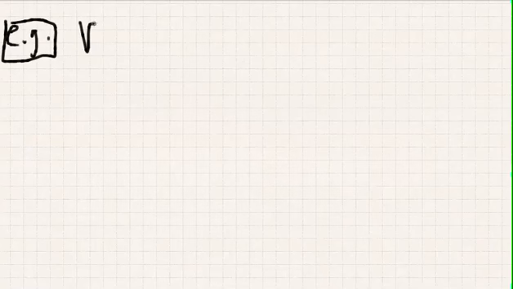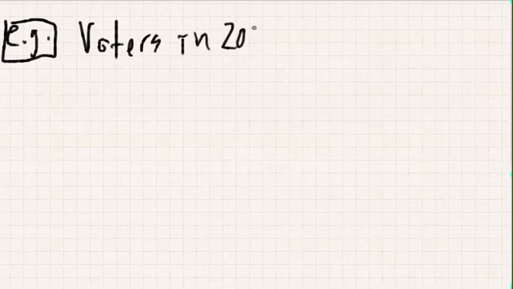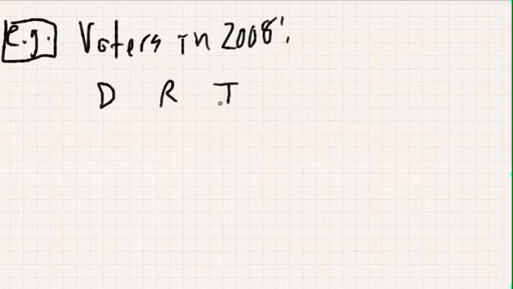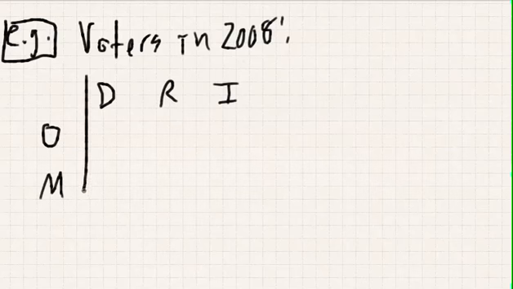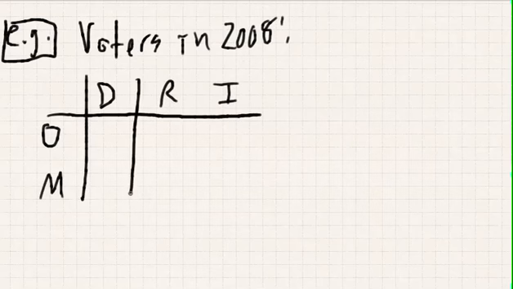Let's do one more example, and let's assume that we're given a table. Now this is literal data from voters for the president in 2008. There were three ways people could register. They could be Democrats, Republicans, or Independents, and most all of them voted for McCain or Obama, so we might as well just assume that everybody voted for McCain or Obama.